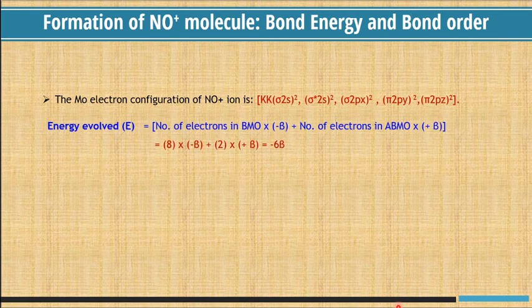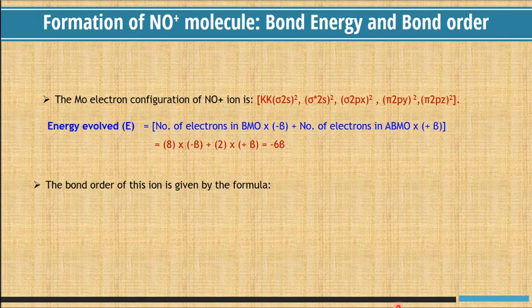Let us consider the NO plus ion. The molecular orbital electronic configuration of the NO plus ion is KK sigma 2s2, sigma star 2s2, sigma 2px2, pi 2py2, pi 2pz2. Energy evolved in the formation of the NO plus ion is 8 minus beta plus 2 minus beta, that is 6 beta.